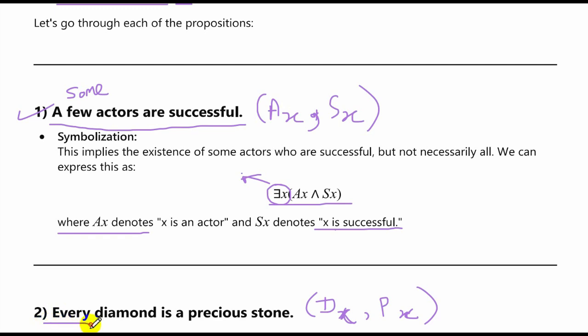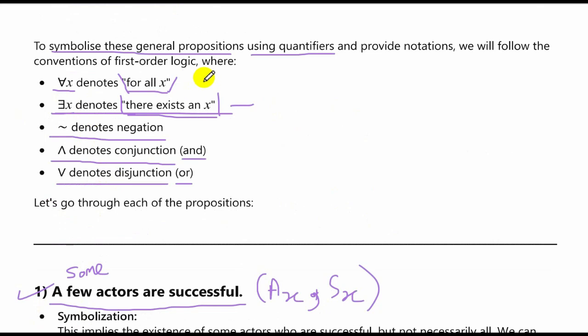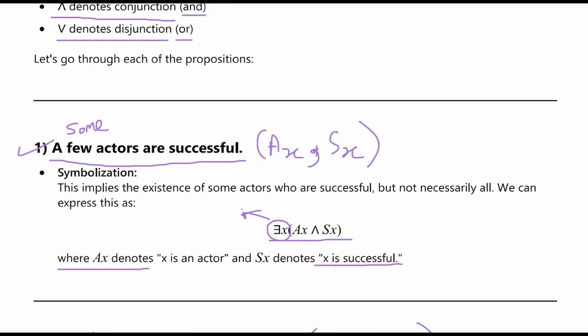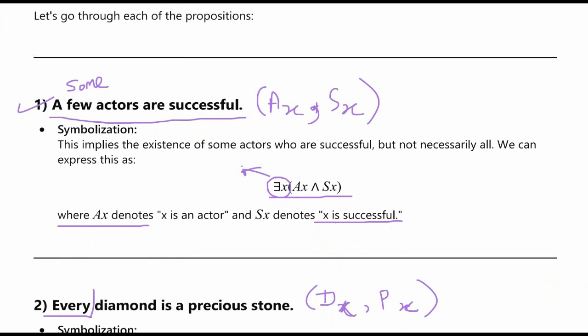First, you have to understand whether this quantifier is a universal quantifier, the mirrored A x, or is it an existential quantifier, the mirrored E x? So first we have to determine that. We know every means all, so this will be represented by the mirrored A x.